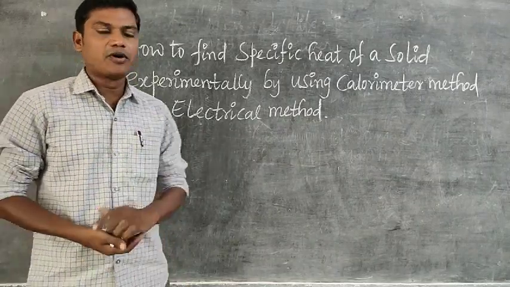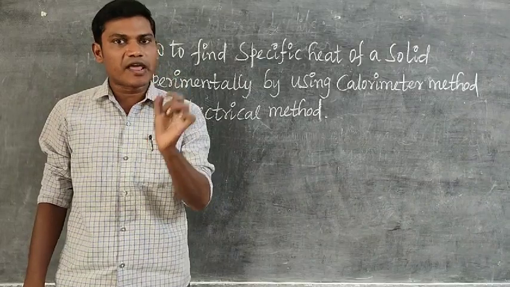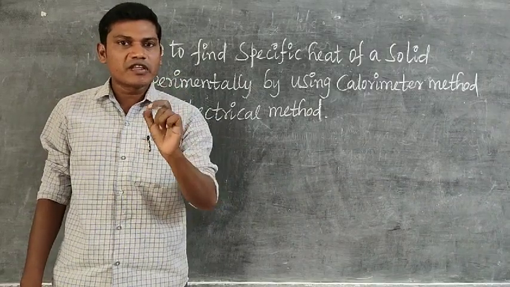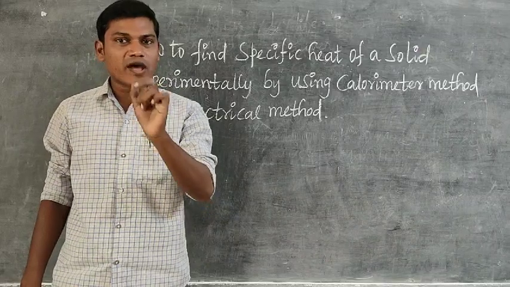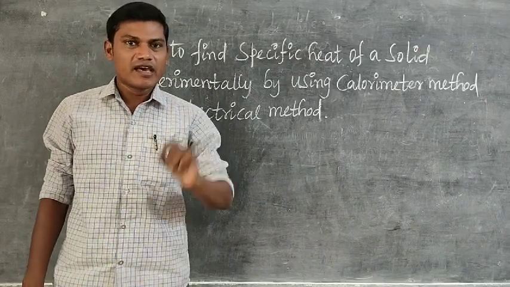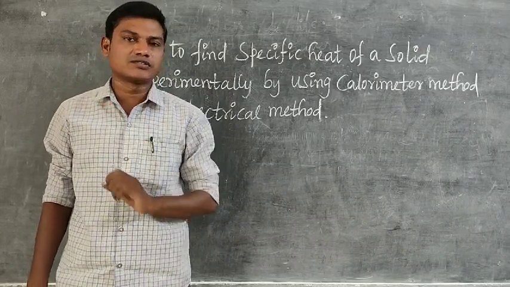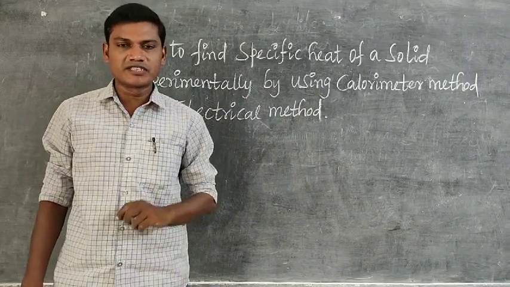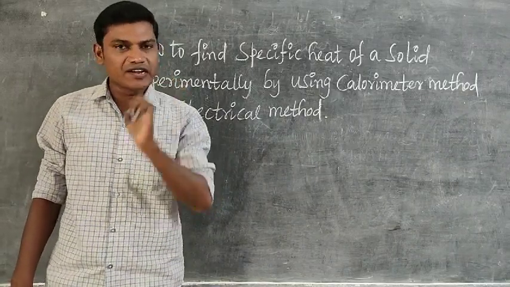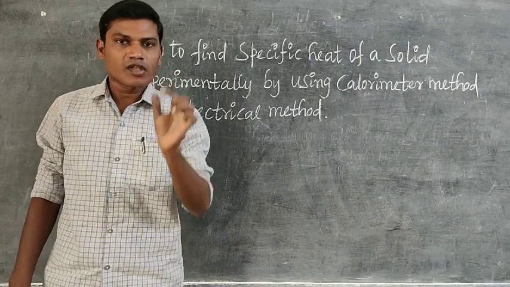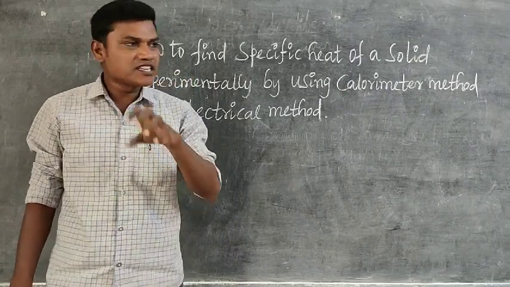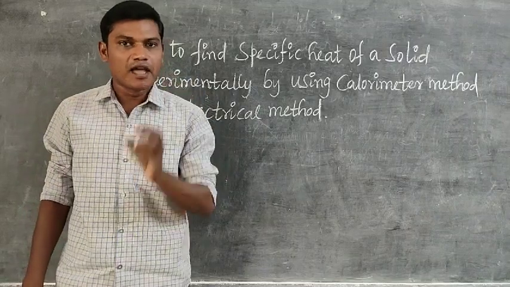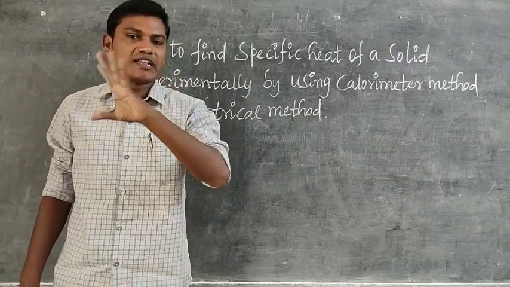But in this video, I would like to explain one very important concept for 4 marks in 10th standard level. Regularly this question is asked. What is that? How we can find the specific heat capacity of a substance, here a solid, by using the calorimetric method.